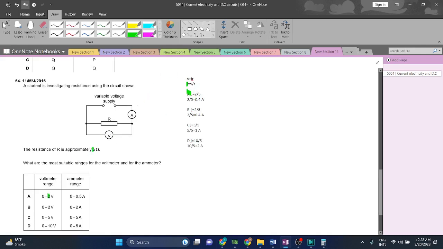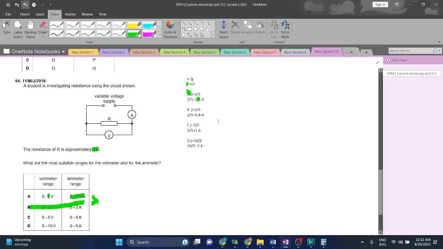2 divided by 5, which is the resistance, will give us 0.4 amperes. 0.4 amperes comes between 0 to 0.5. Let's look at B. 2 divided by 5 equals 0.4, which does come between 0 and 2, but it is not as appropriate an answer in comparison to A, right?